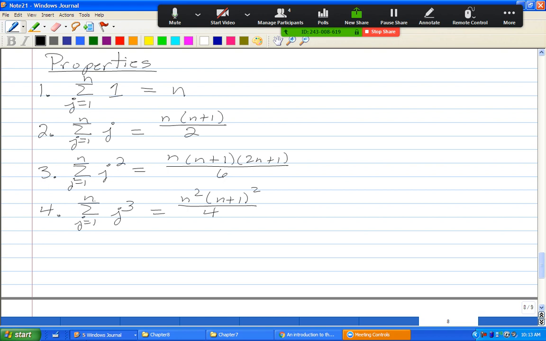Maybe I'll prove the second one using a slightly different technique. Well, maybe I'll do the third one. Let me do the third one.